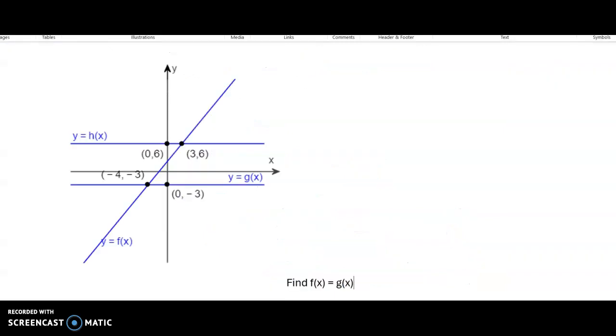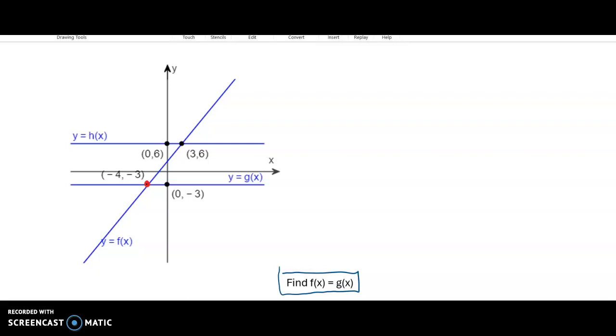Our last order of business is to explore graphs and compare functions looking at those graphs. The first thing we're going to do is find when f of x is equal to g of x on this graph. You see we have h of x, f of x, and g of x. H of x and g of x appear to be parallel lines, while f of x is a diagonal that goes through them. So we want to find where f of x is equal to g of x, and that happens to be where these functions intersect.